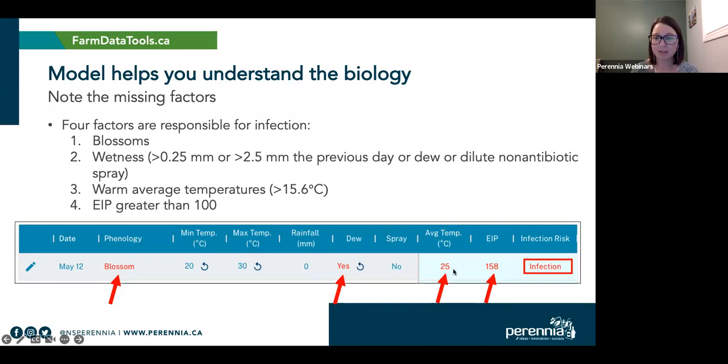The average temperature, which would have to be warmer than 15.6 degrees Celsius, would also be highlighted in red. And then the epiphytic infection potential, which we discussed, represents bacterial growth. And if that's greater than 100, which would be 100% of the bacteria you need to cause an infection, then that would also be highlighted in red because that's another one of the factors being met. So in this case, all 4 factors are met, so the infection risk is an infection prediction.